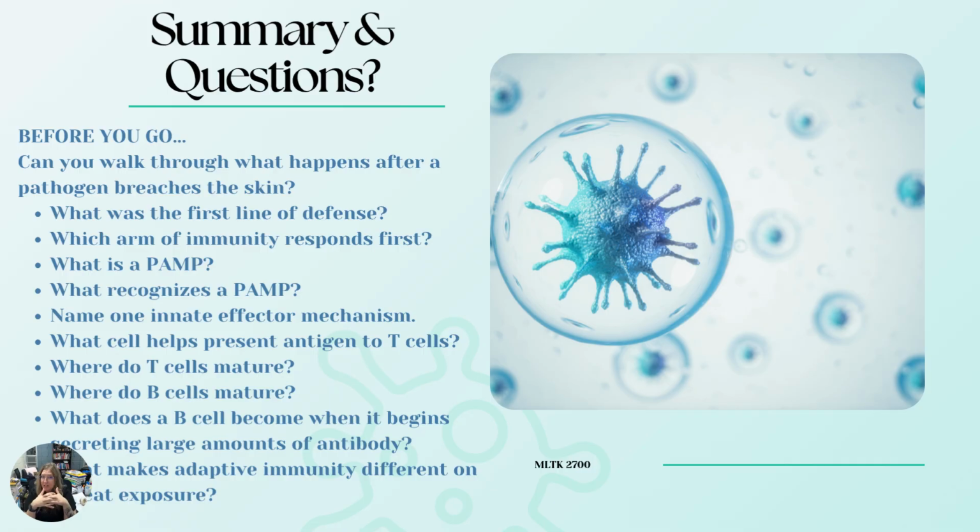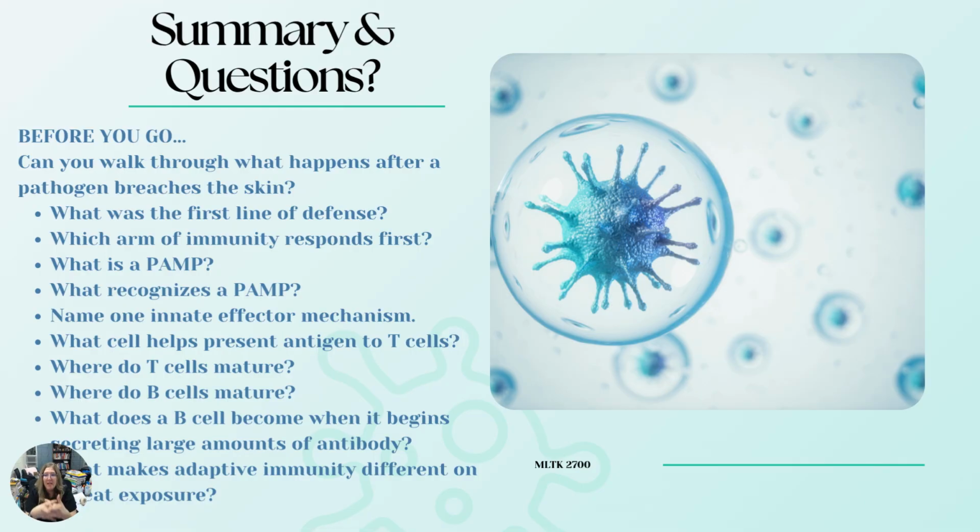Those are our bridge between the innate and adaptive immunity. So then we activate our lymphocytes. Remember where our T cells mature? If you said thymus, very good. And that means our B cells matured in the bone marrow.